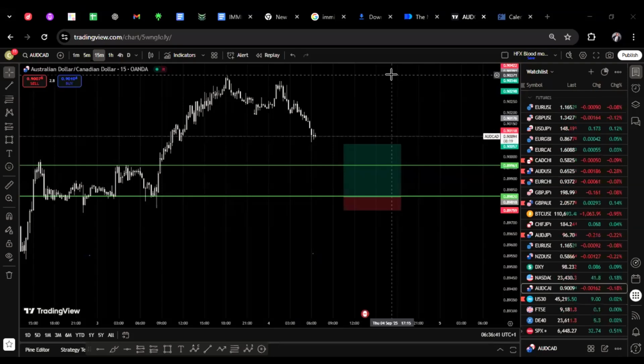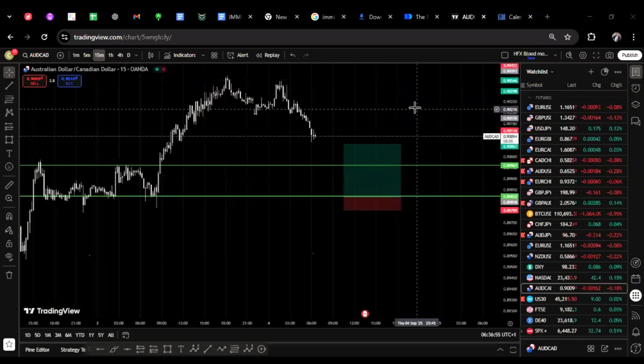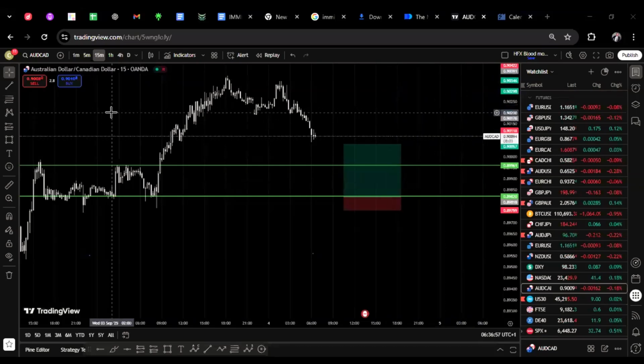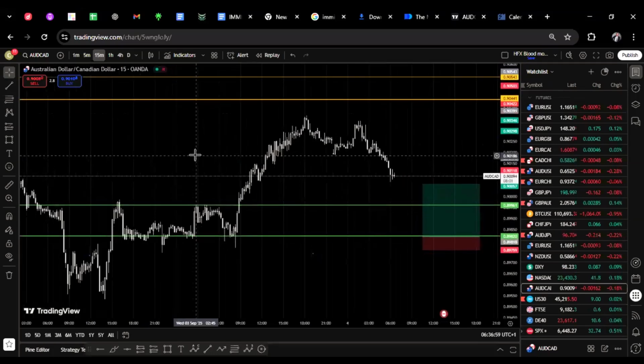No, don't do that. But it is reliable when you pair it with other things. Some of the trades I've taken, I don't just jump into fair value gaps. Let me, this is a 15 minutes time frame.